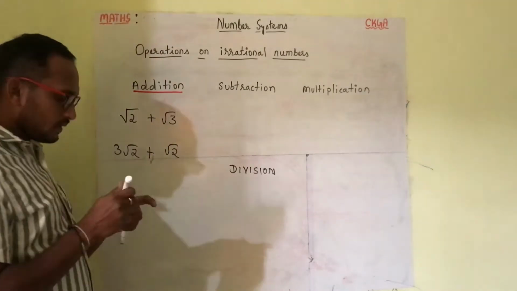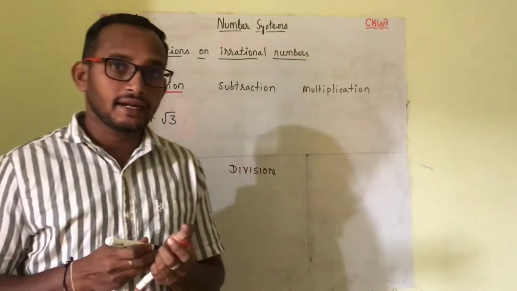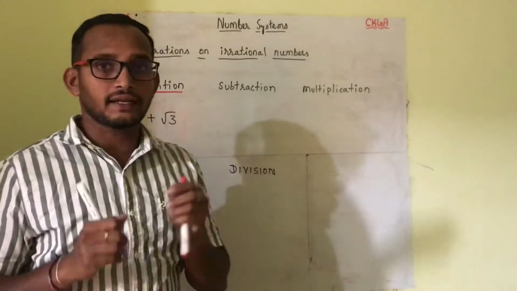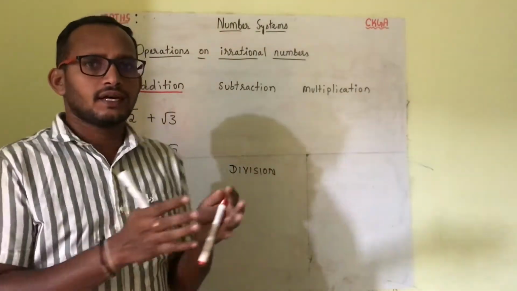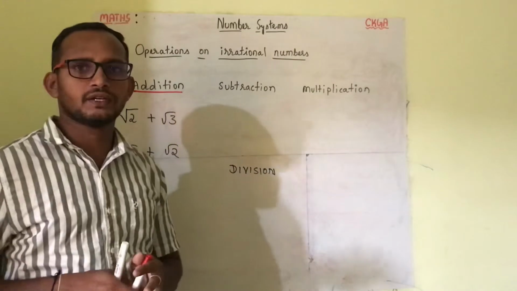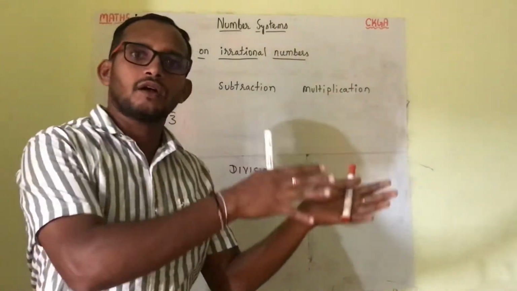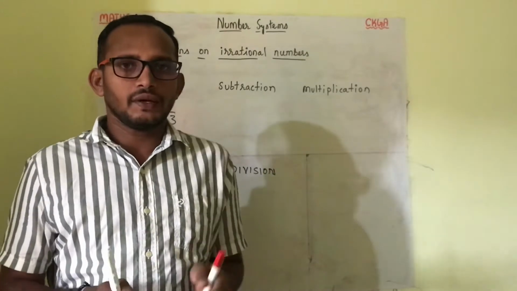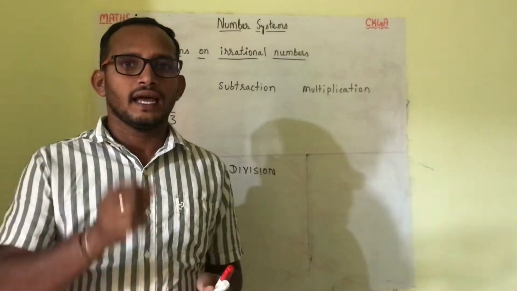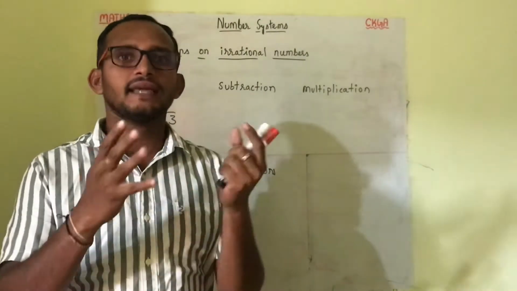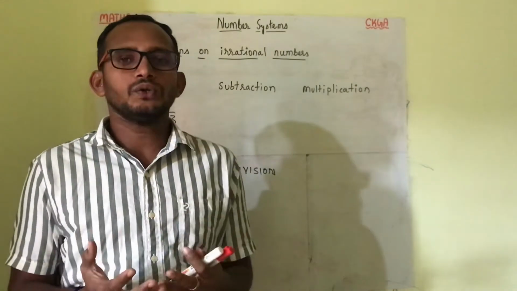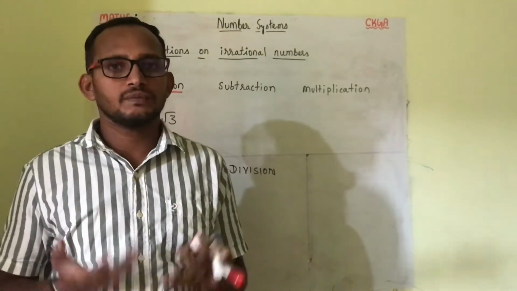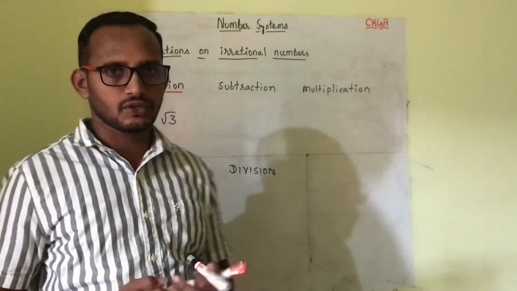The fundamental idea about adding or subtracting irrational numbers is similar to what you have learned in algebra classes about like terms and unlike terms. So now it's time to identify like irrational numbers and unlike irrational numbers.